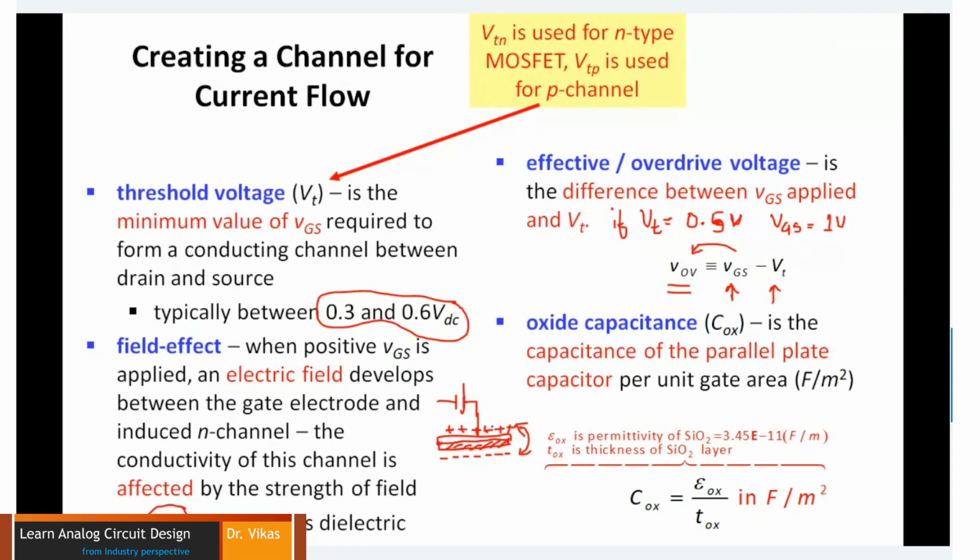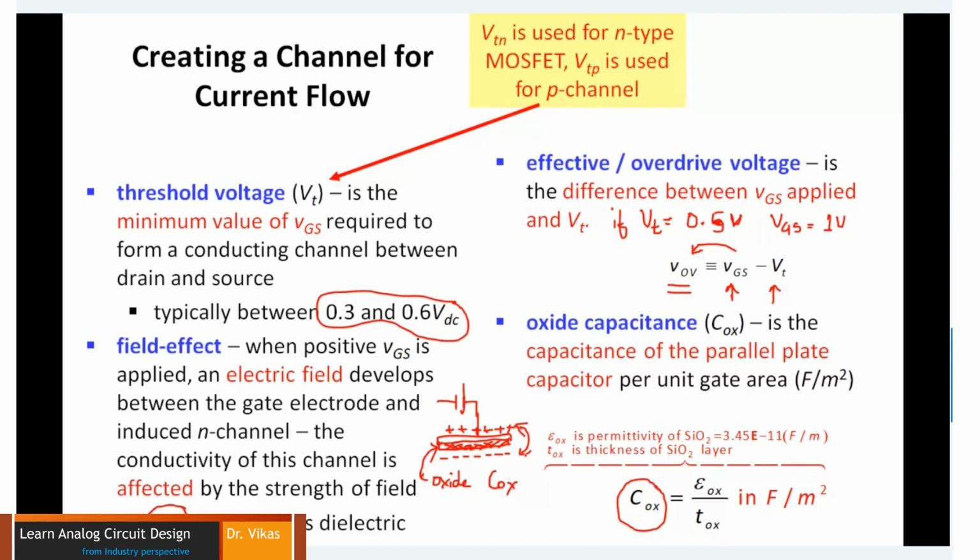The capacitance of the oxide is denoted Cox, which is represented by epsilon ox by Tox, where epsilon ox is the permittivity of SiO2 and Tox is the thickness. Whatever oxide we use will have a certain capacitance, denoted Cox. Why am I telling you all these things? Because if I know all these terms, only then will I be able to get an idea of how my current equation would look.